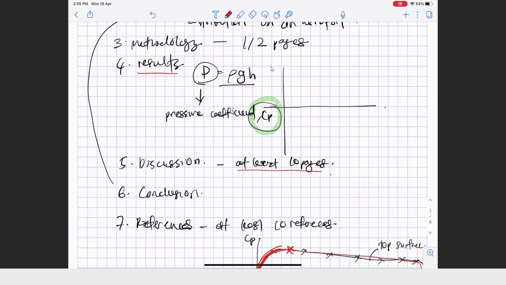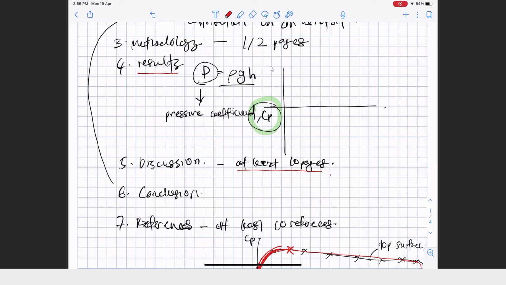Sir, for the procedure, should our steps be in active or passive sentences? Can I ask you again? How do you think the methodology should be written? Passive, sir? Exactly.